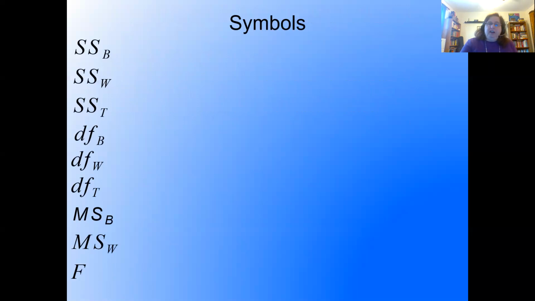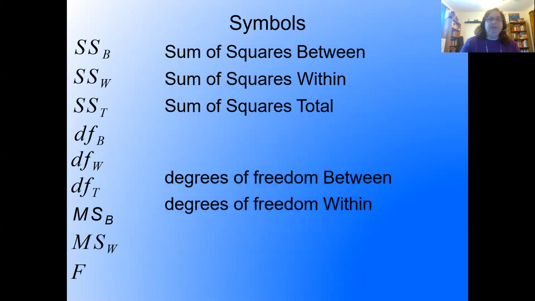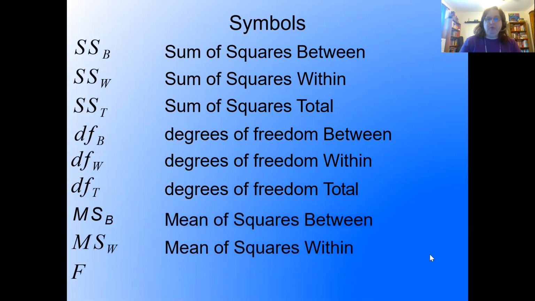And once again, I have an offering for you of symbols. Here's our sums of squares between, within, and total, all for ANOVA. Degrees of freedom between, within, and total, all for ANOVA. Mean of the squares between, within, and our F-test or ANOVA.